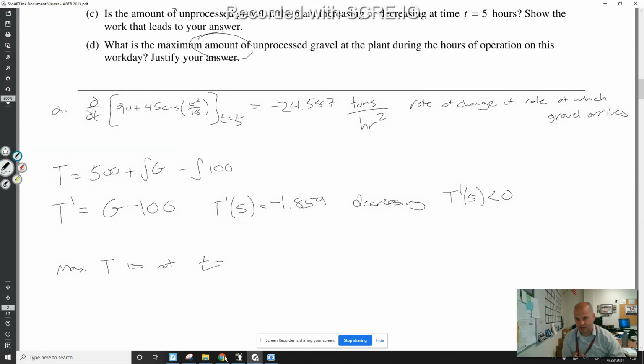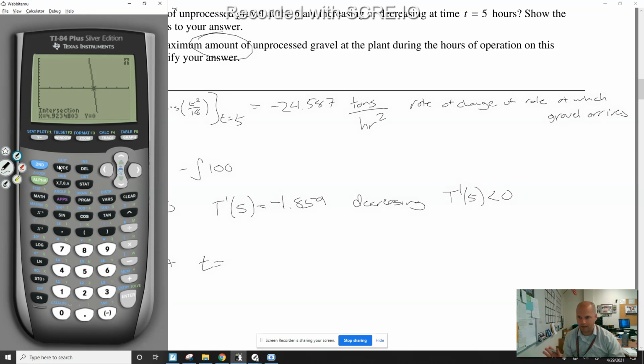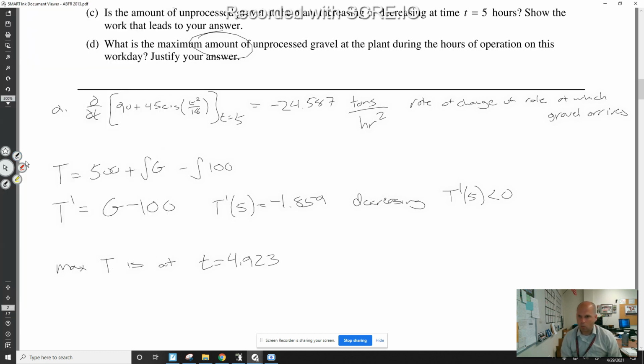4.923. That's saved as X. So T equals 4.923. Why? T prime is negative from 0 to 4.923, and then T prime is positive from 4.923 to 8.